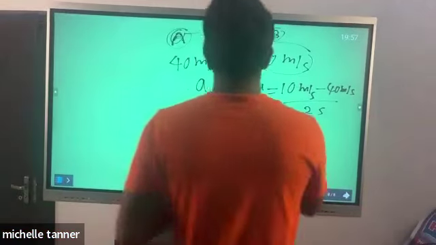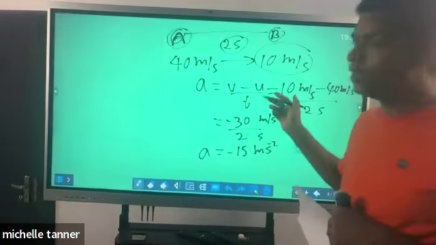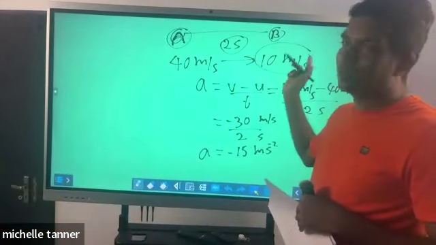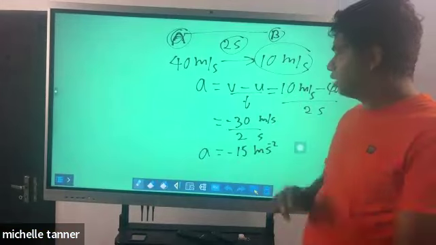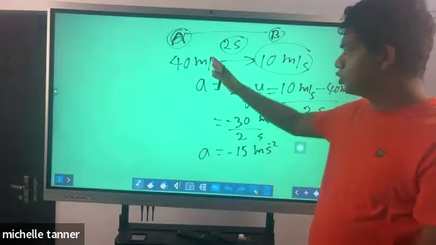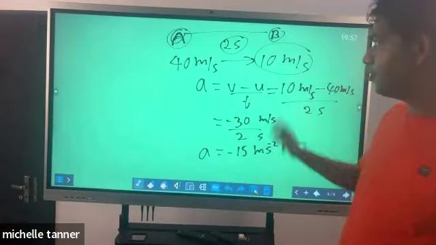In a question, this is an accurate method. By drawing the data, you can understand quickly how to do the question and what the values are, initial and final.